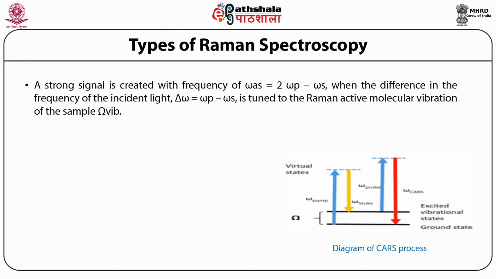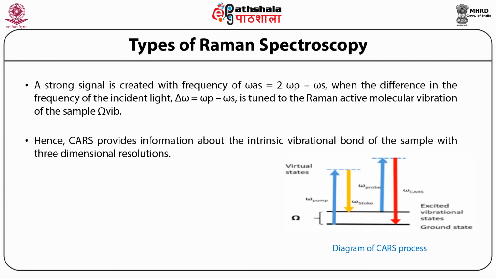A strong signal is created with frequency omega as equal to 2 omega p minus omega s, when the difference in the frequency of the incident light, delta omega, equal to omega p minus omega s, is tuned to the Raman active molecular vibration of the sample, that is omega vibration. Hence, CARS provides information about the intrinsic vibrational bonds of the sample with three-dimensional resolution.